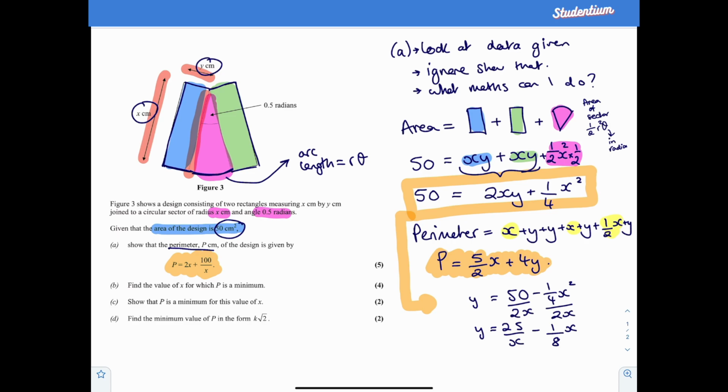So this is now something that we can substitute in place of y, and we should get a good answer, all right? So let's put it in.